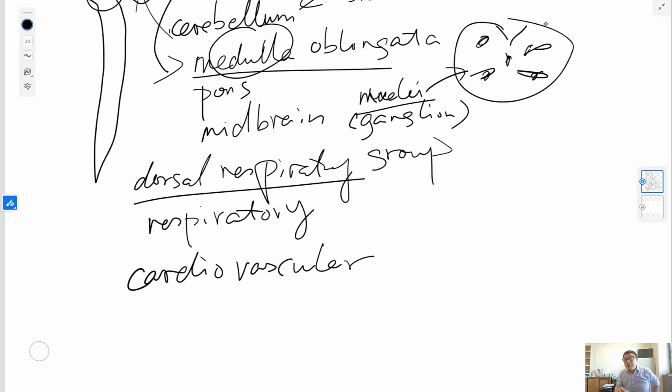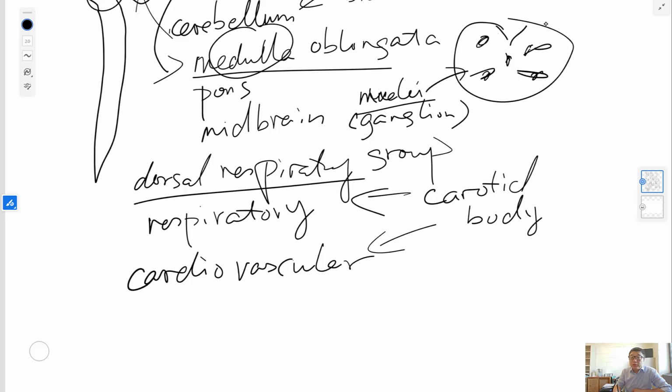We also mentioned this in the autonomic nervous system, both receiving information about blood pH and blood oxygen levels from the carotid body. This is important. It won't be in the test, but in other tests, because this is very important information.